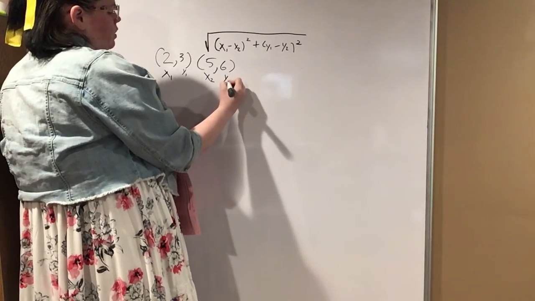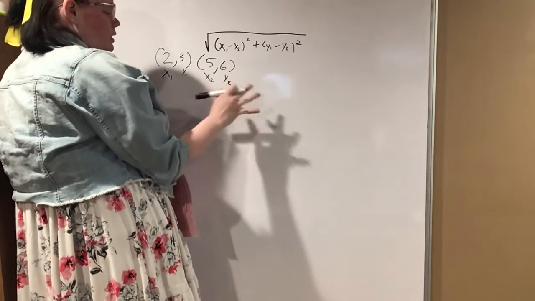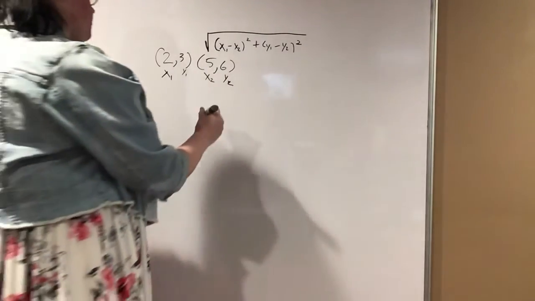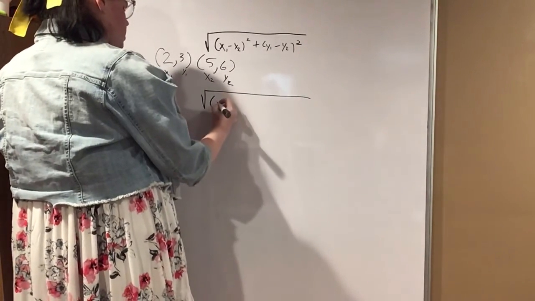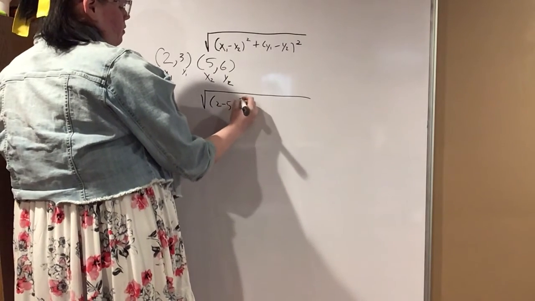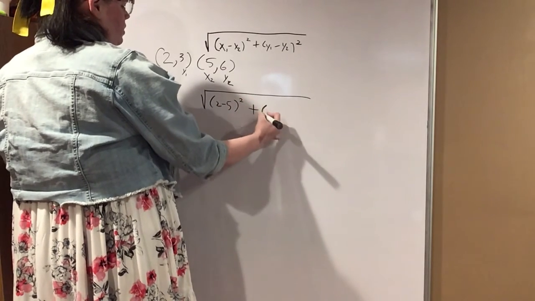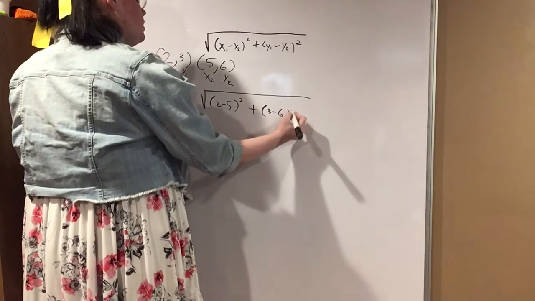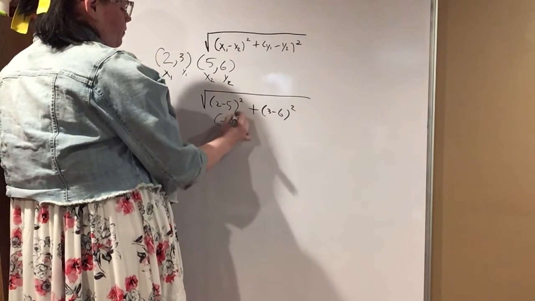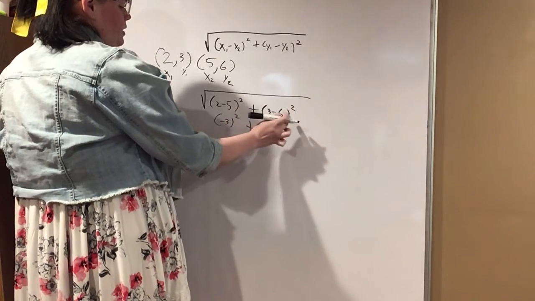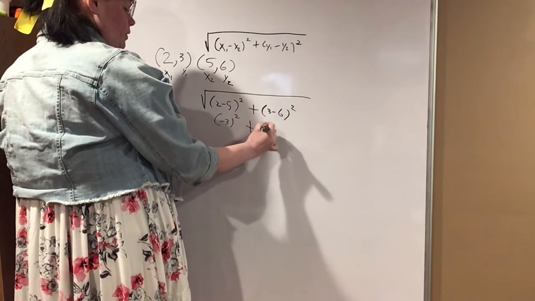But you can do it in any order, as long as they stay in the same order. So, square root of 2 minus 5 squared plus 3 minus 6 squared. 2 minus 5 is negative 3, plus 3 minus 6 is also a negative 3.